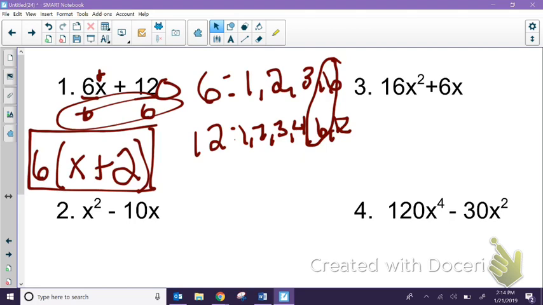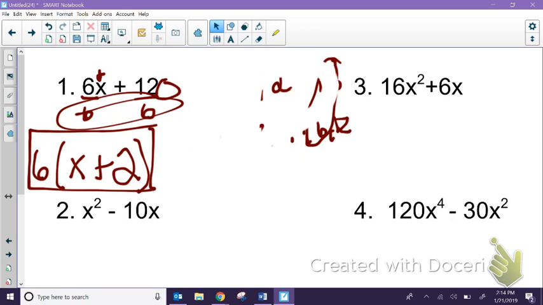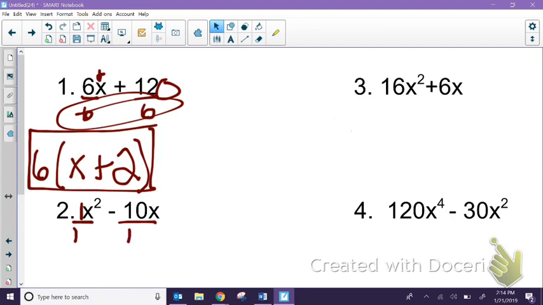What do they share? In number 2, they share what? The first thing you're going to say is, oh, they don't share any numbers. You are correct. In a sense, they all share 1, but remember there's an understood 1 there, so they have a 1 in each term. And then what else do they share?